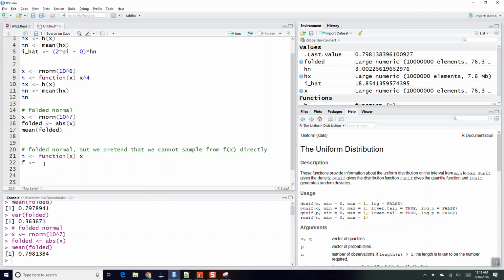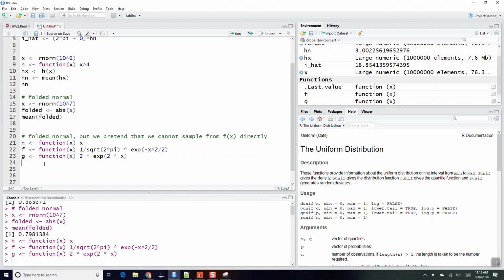H is a function, f is a function of x, and we return 1 divided by the square root of 2 pi times e to the negative x squared divided by 2, and g of x is a function of x, where we return 2 times exp of 2 times x.